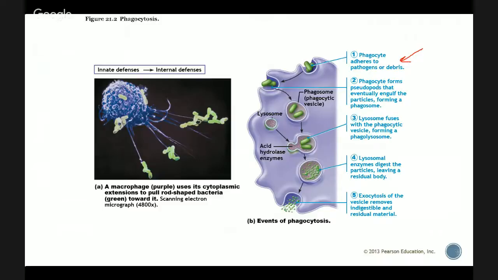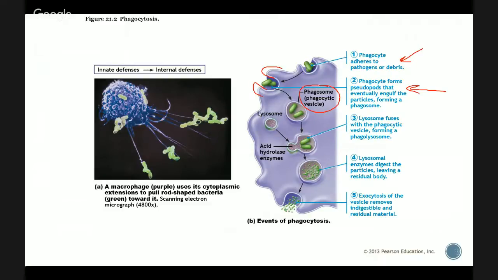And then it's going to reach out these little pseudopods, these little arms, and draw that pathogen or the fragment into itself. And it's going to form a little pocket, and that pocket is called a phagosome or a phagocytic vesicle.